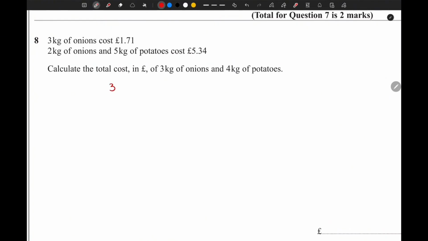We know that 3 kilograms of onions cost 1.71 pounds. So 1 kilogram would be equal to 1.71 divided by 3, which gives us 0.57 pounds.